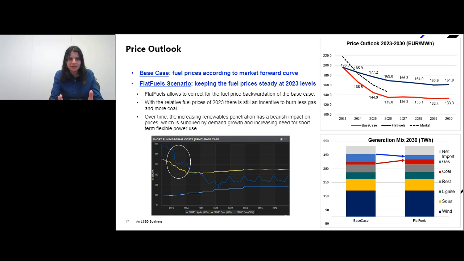So if we kept that relation, which in 2023, according to current forward prices, is still the case, we would in 2030, and this is shown here in the generation mix bars, still have the incentive to burn more coal and less gas as compared to the base case. So this is a bit for us to learn about what the impact of fuel prices is.